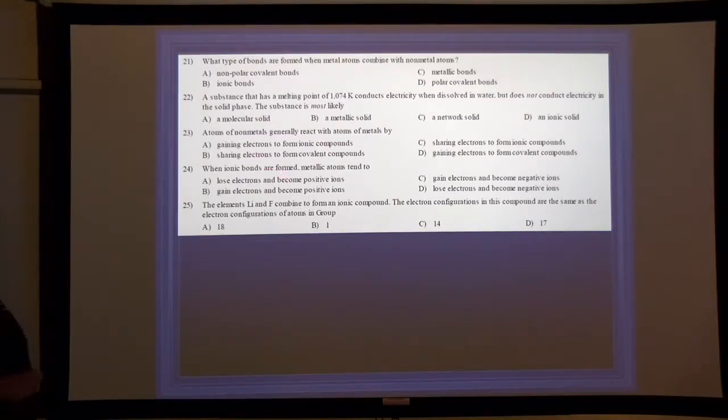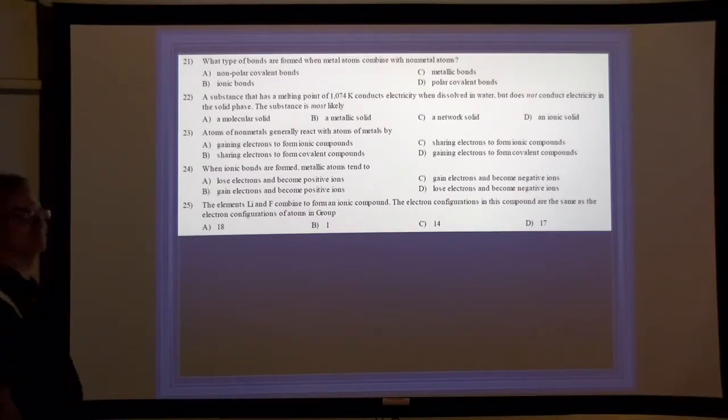When ionic bonds are formed, what do metallic atoms do? When ionic bonds are formed, metal atoms tend to... what do you vote back there?